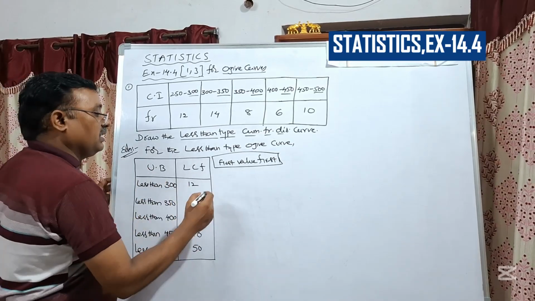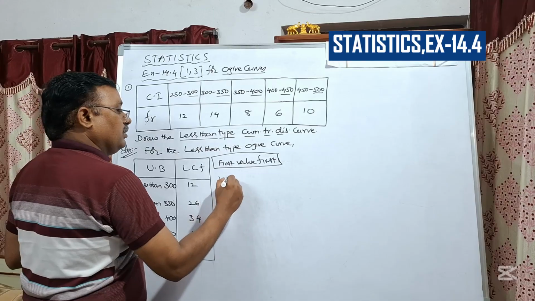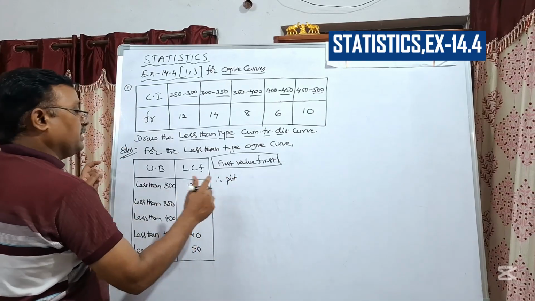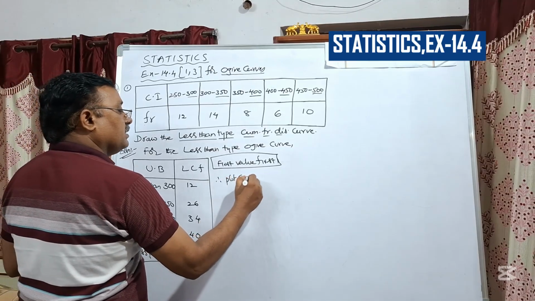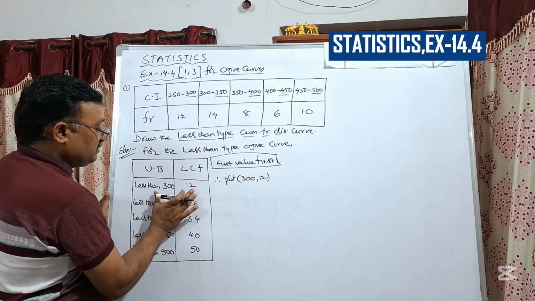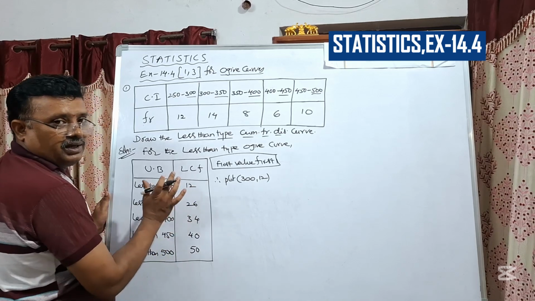From this table we will get the required points to plot. What is the first point? Ordered pair 300 comma 12. Understood? This one is a pair, x value and y value together.